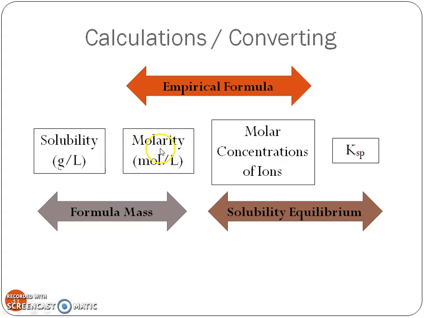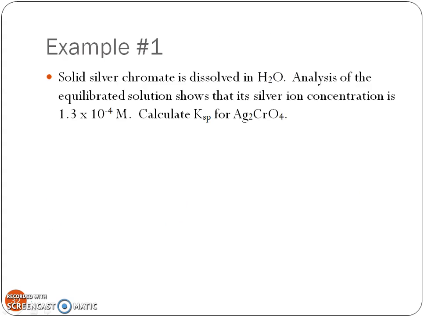Molarity is going to be helpful for concentration, but not really helpful for solubility, because we're always dealing with the amount of stuff we can dissolve in grams. So we're going to use formula mass there. We're going to use our empirical formula or the stoichiometric balanced chemical equation to get from molarity to molar concentrations. And of course, KSP is that solubility equilibrium expression.